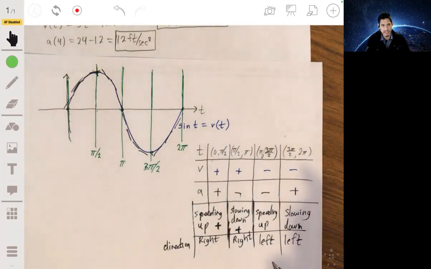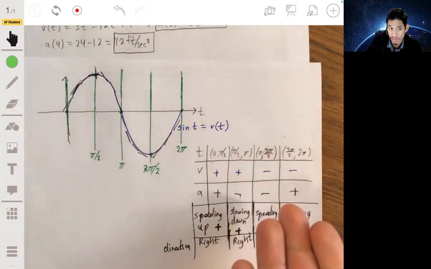So this is the key idea when you want to figure out where an object is speeding up or slowing down. Find where the acceleration and velocity functions change signs and then compare them across intervals.